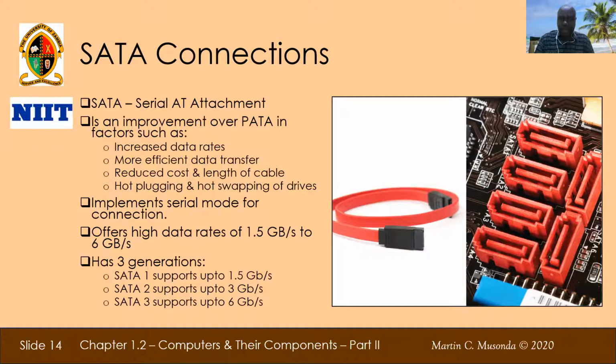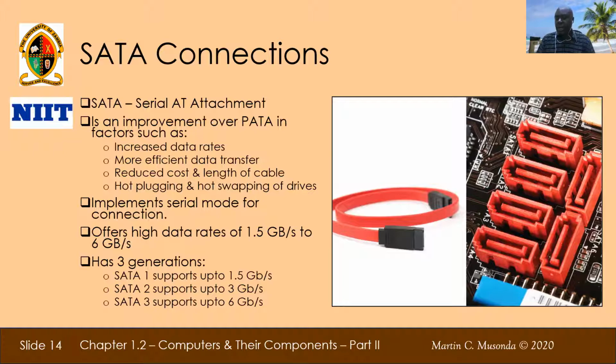One of the things that you notice is that SATA drives use serial data transmission mode, not parallel. That's why they have very small cables. The cables consist of 7 wires only, compared to the PATA, which has 80 wires.